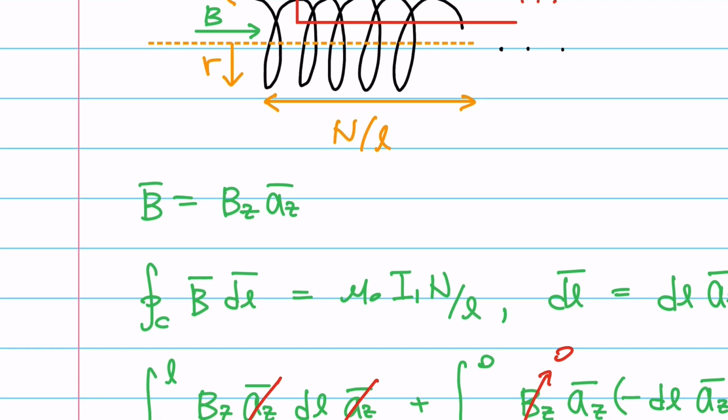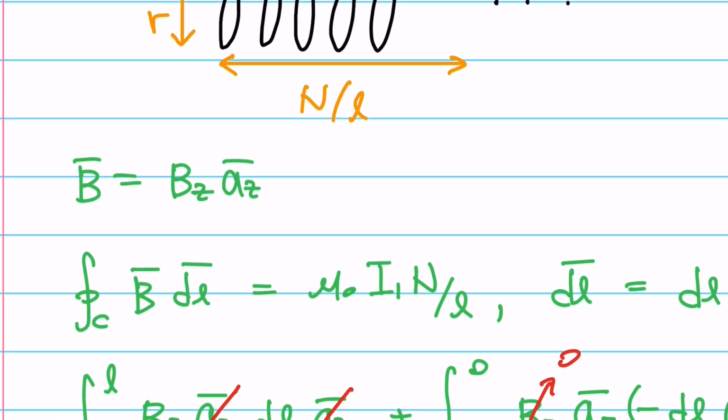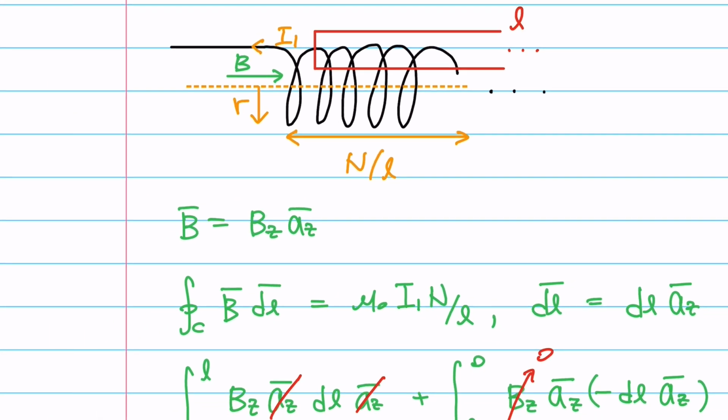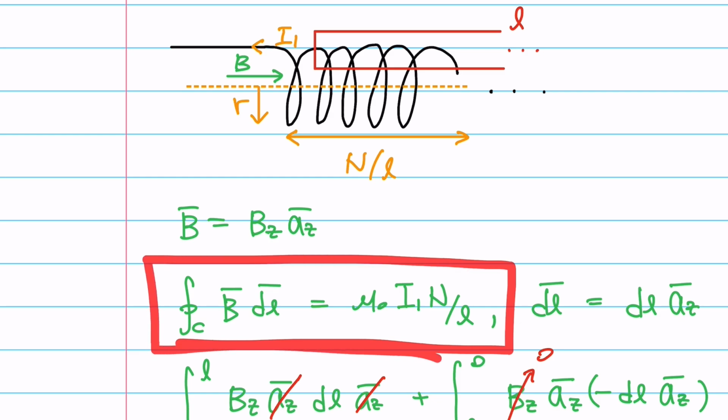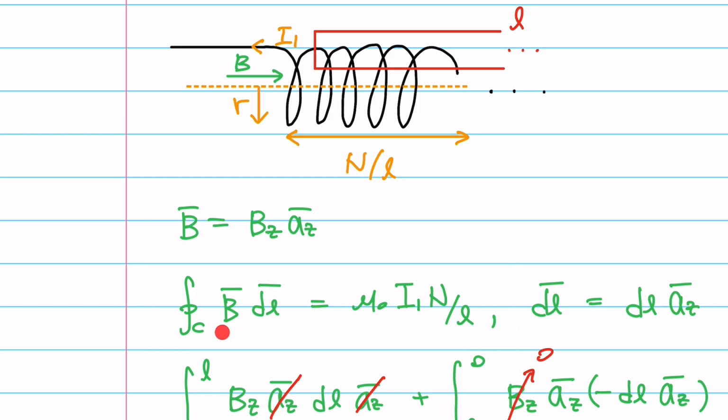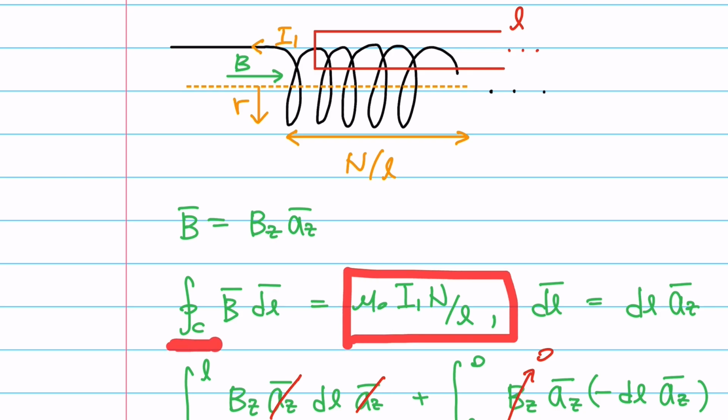The next thing is to figure out what the B field is, and therefore we're going to plug it into this equation, Ampere's law, where if you do a line integration of the B field over a closed loop, that indicates the amount of current enclosed by that imaginary closed loop.